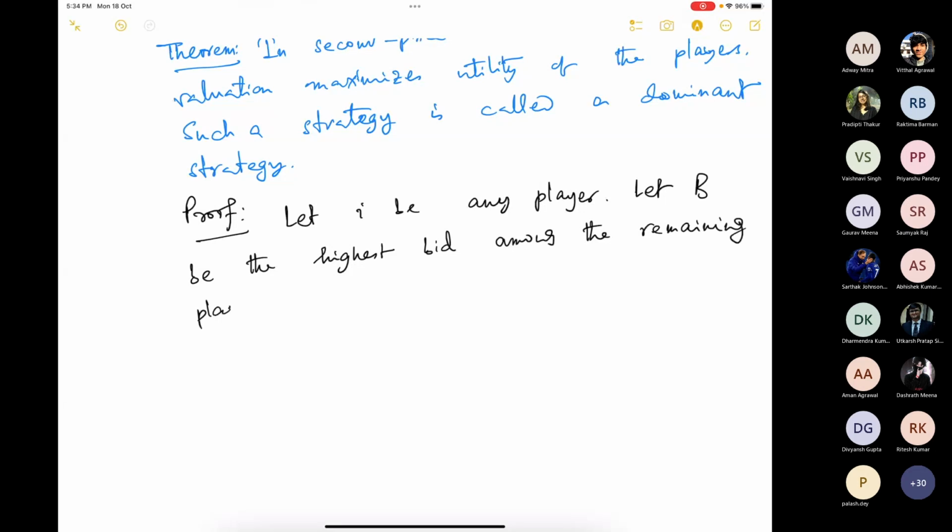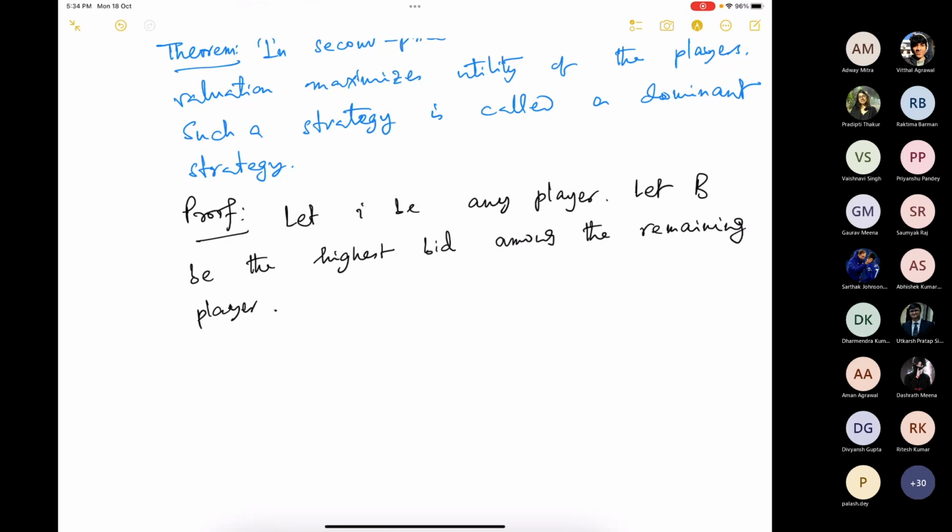What do you mean by remaining players? You delete i for the time being and look at the bids of all the other players, and suppose B is the highest bid.